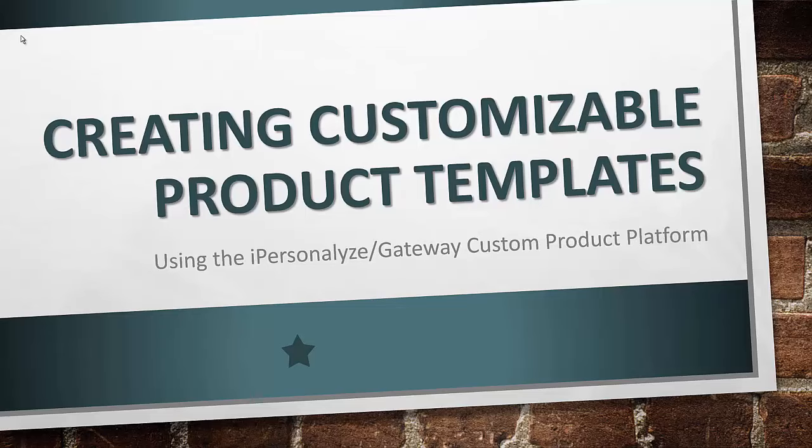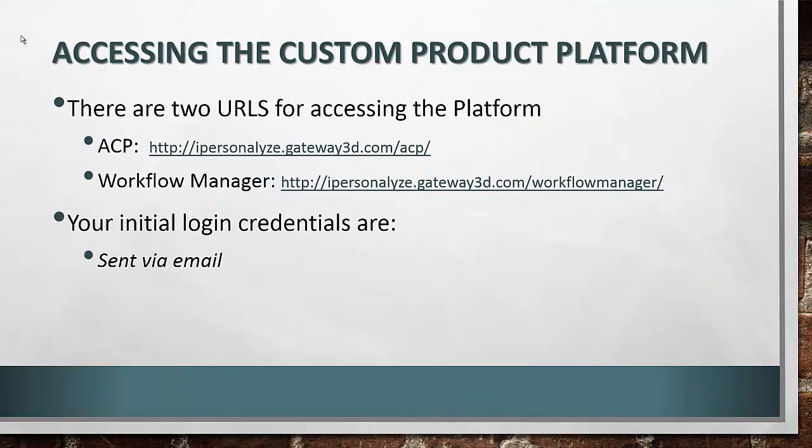Today we're going to be talking about creating customizable product templates, just the basics, using the iPersonalize custom product platform from Gateway. There are two URLs for accessing the custom product Gateway platform.